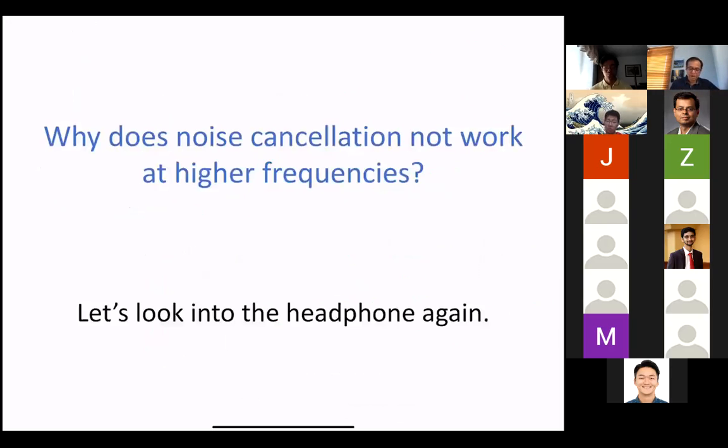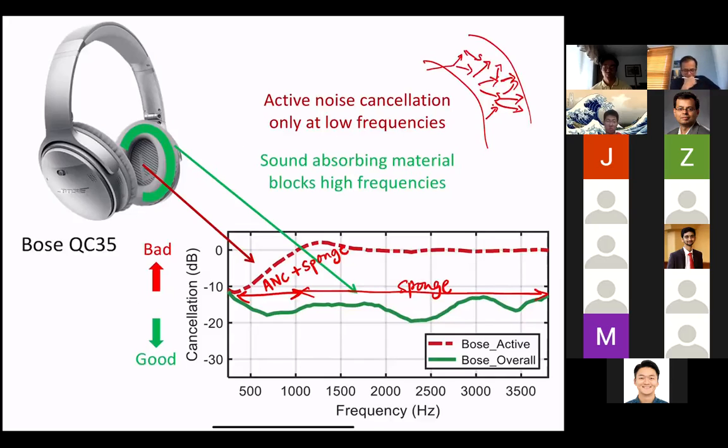How is the performance of just the sponge versus active noise cancellation? That will be like you subtract the red curve from the green curve. So maybe the sponge will behave like this over here, and then it will go like that.